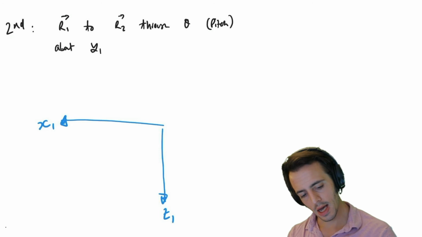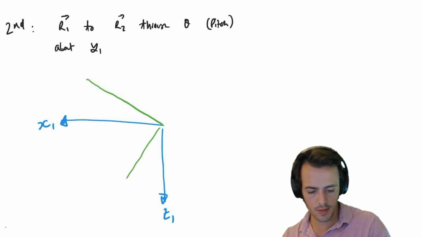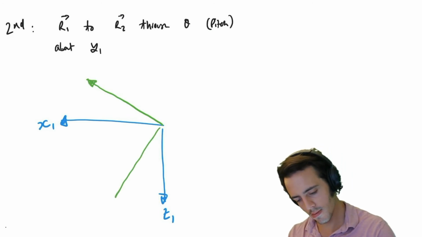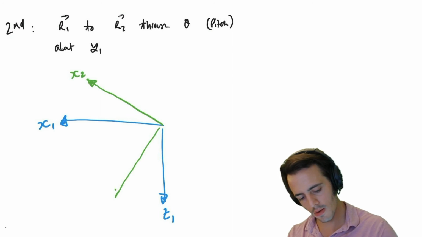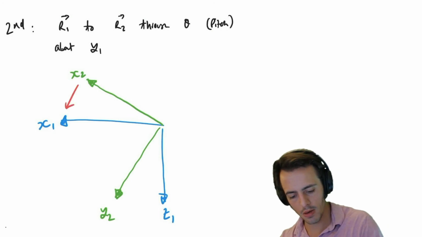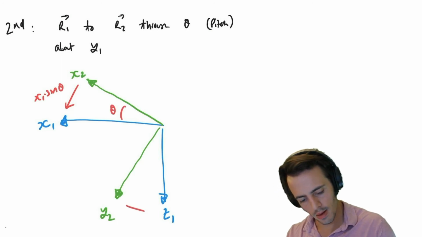So let's make our new axes green. X2 and Y2. Okay, and I'm just going to write the components in now. I might even fast forward through this in the video, we'll see.